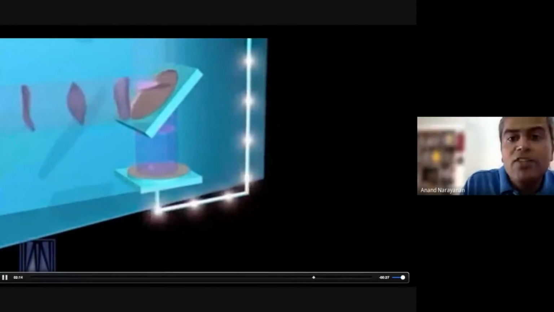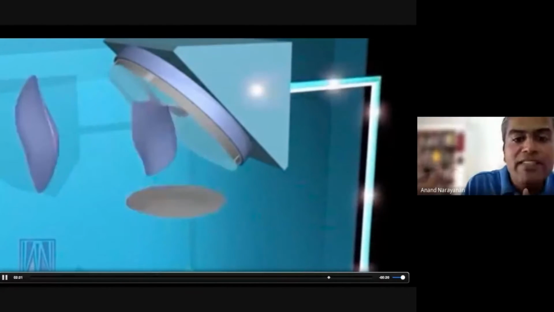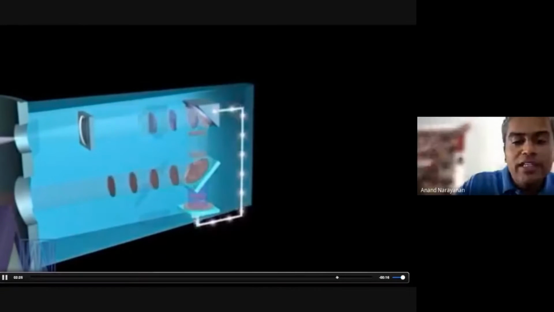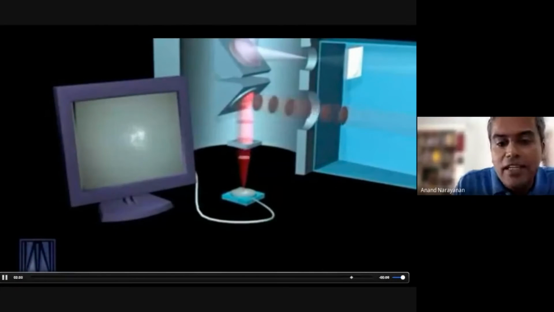Now, if the control system is switched on, then the actuators will deform the mirror thousands of times every second, in a direction that's opposite to the wavefront distortion, so that the light that is reflected off the mirror once again is plane parallel. And the image that is rendered becomes very sharp.